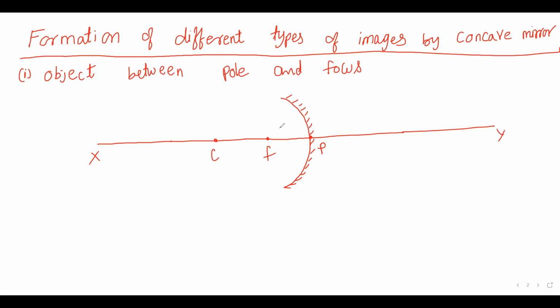So object is placed between focus and pole. This is the first case.